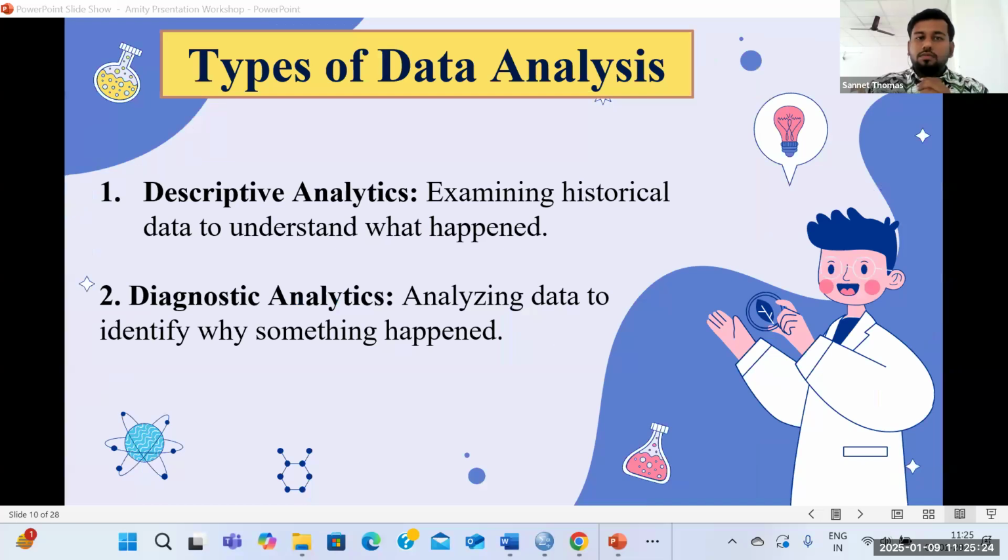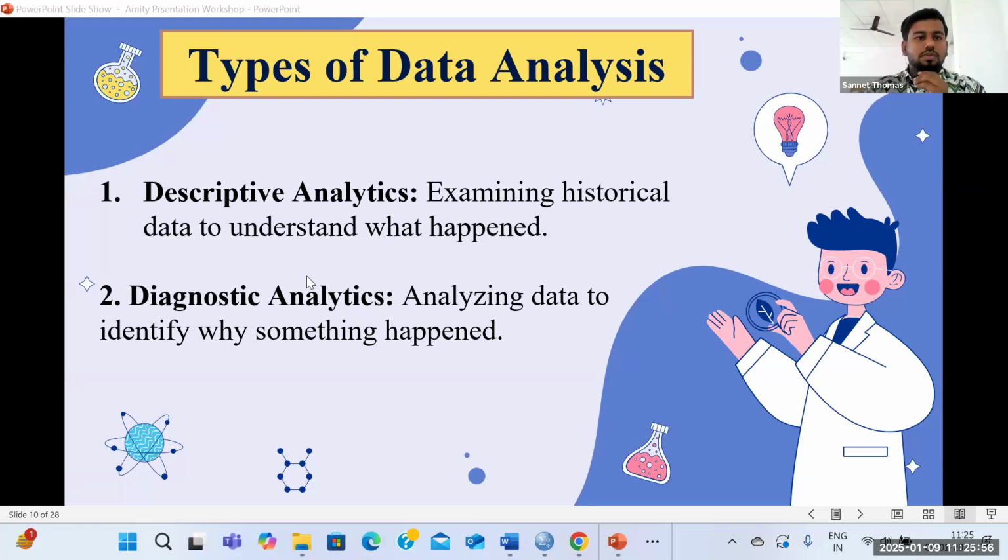And so there are different types of data analysis. Descriptive analysis: the researchers say that descriptive analysis is examining the historical data to understand what exactly happened. And when it comes to psychology, descriptive analysis is analyzing the basic things, especially the raw data, frequencies, mean, median, and also the range.